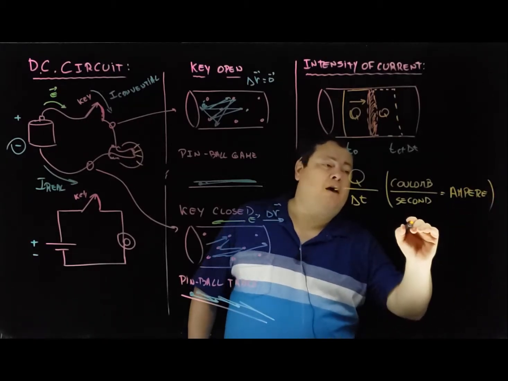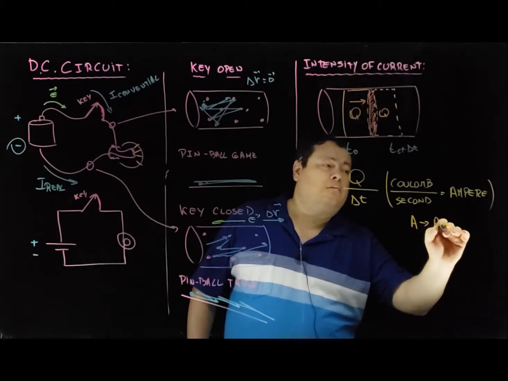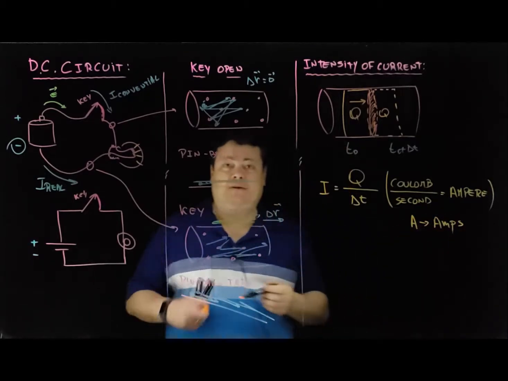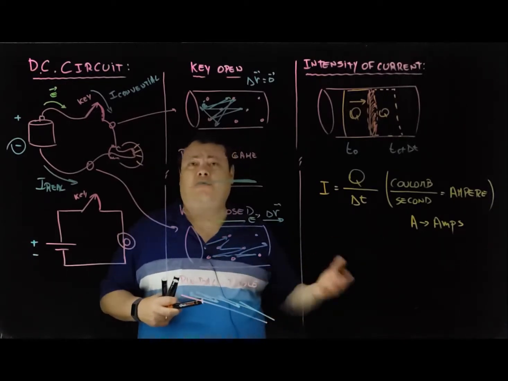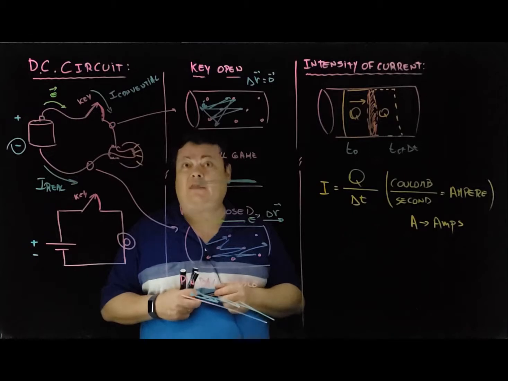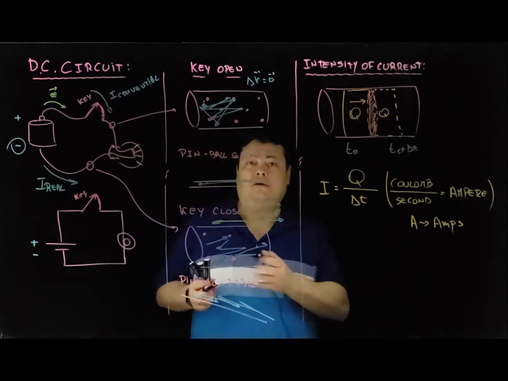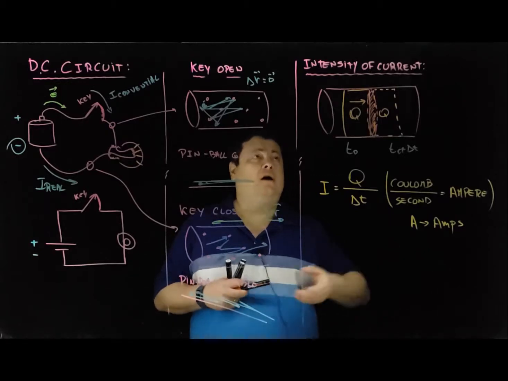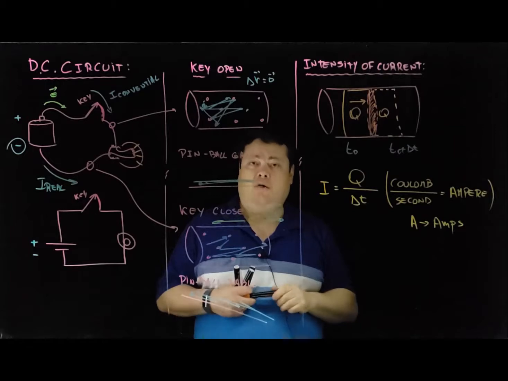We represent an ampere by a capital letter A, and in the United States, people say amps. I'm going to say a current of 2 amps, a current of 3 amps, or something like that. And that current of 2 or 3 amps just means that for every 1 second that my current is flowing, I have 1 coulomb of charge or 2 coulombs of charge passing by a cross-section area.